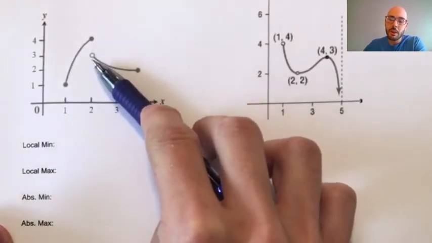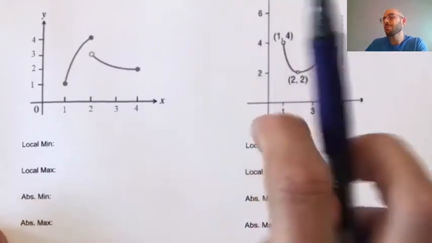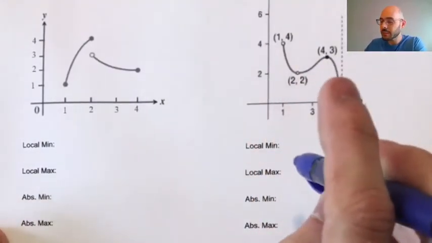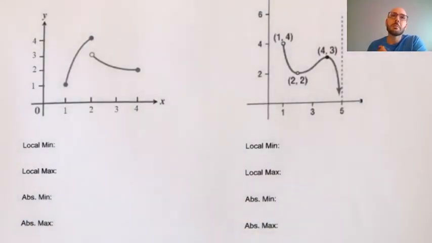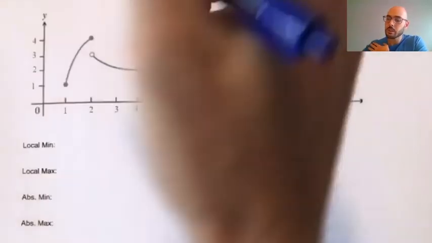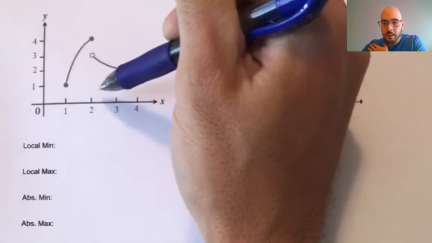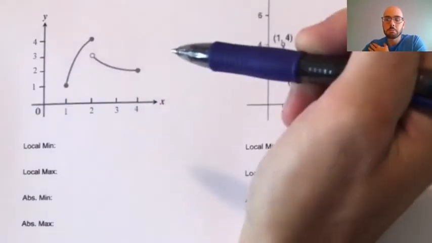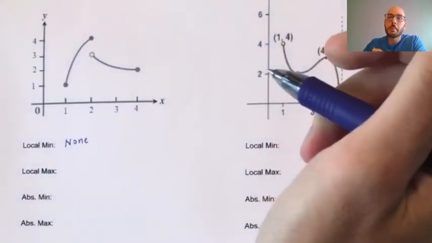There is a jump in the graph, so it's a discontinuous graph, which might cause some issues, but like I said, we'll see. So local minimum. Local minimums typically appear as the humps of the graph. They are small, low points on the graph. So looking at this, there is no low point. There's no trough, no low hump. So there are no local minimums.